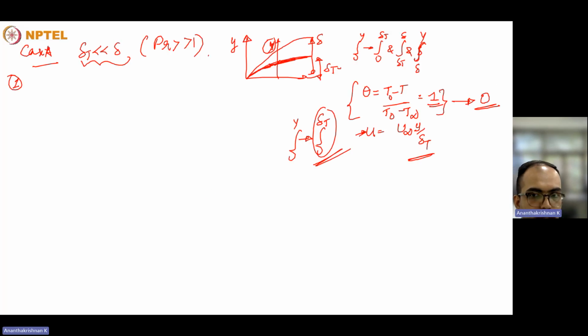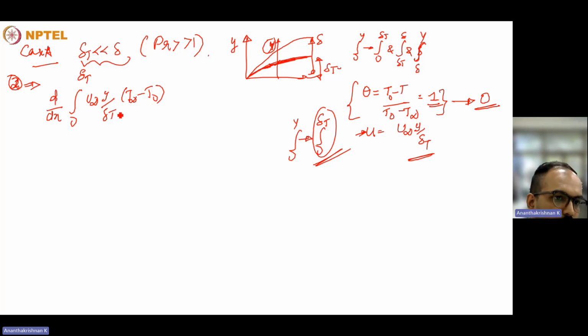So the energy equation in this case, equation 2, becomes d by dx of the integral from 0 to delta T of U infinity y divided by delta T multiplied by (T infinity minus T0). Within the boundary layer it will take the form of (T infinity minus T0) multiplied by (1 minus y by delta T).